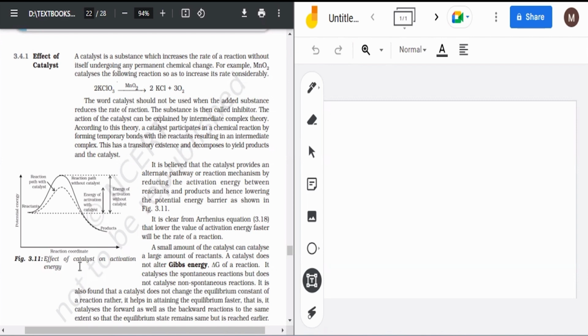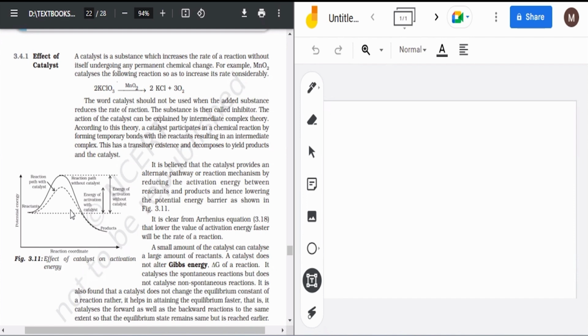How? Because the catalyst proceeds the reaction by taking it from some different path. Like here, without catalyst, we have to give this much activation energy. But with catalyst, we have to give just this much activation energy, and the reaction is completed in a faster manner. It reduces the time for reaction.